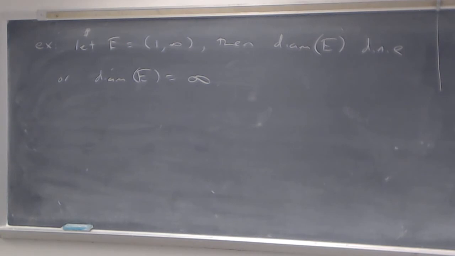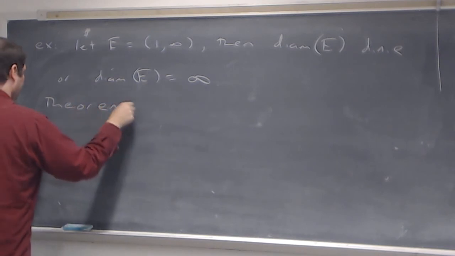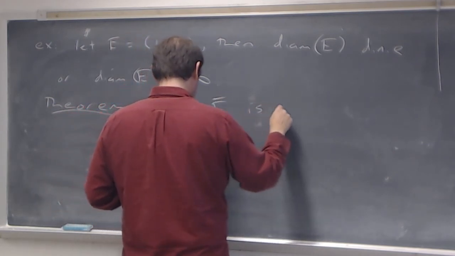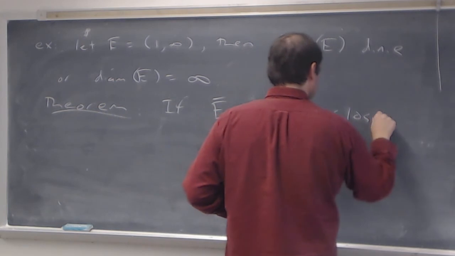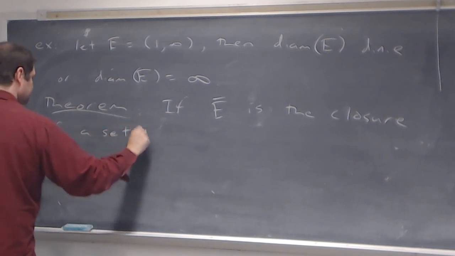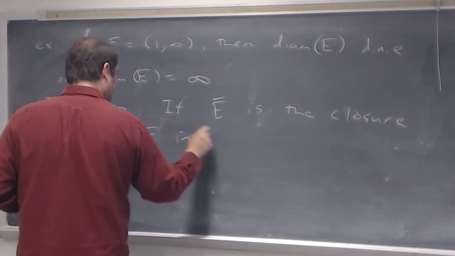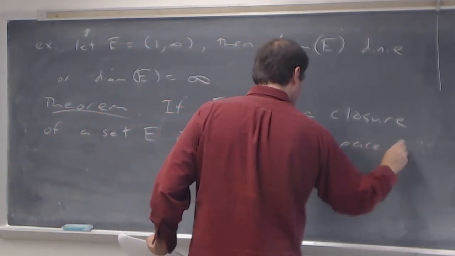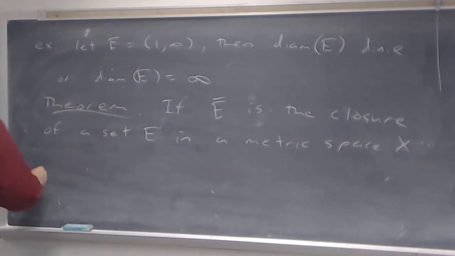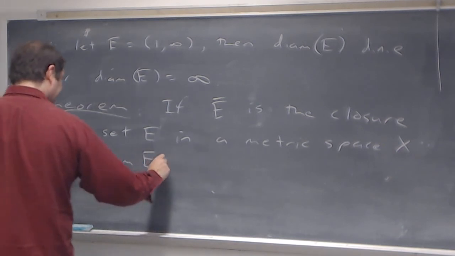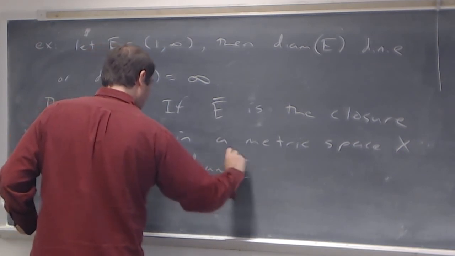Okay? Well, let me write down, and at least prove half of, a theorem that has two parts. Part A: if E bar is the closure of a set E in a metric space X, then the diameter of E is going to be the same thing as the diameter of E closure.